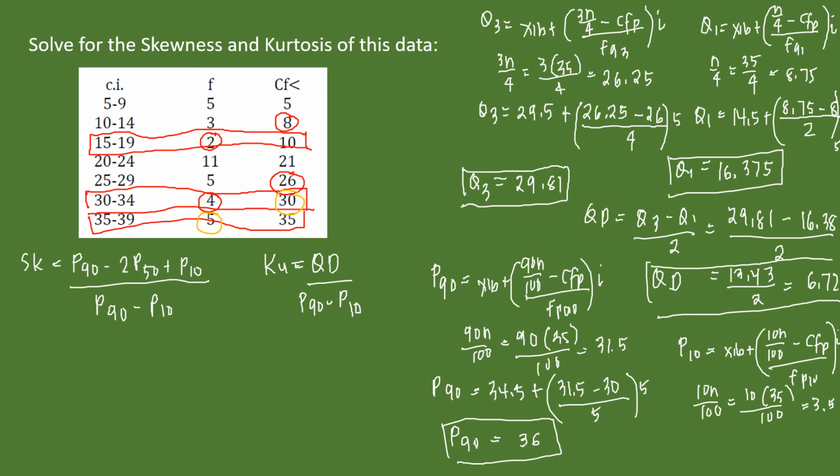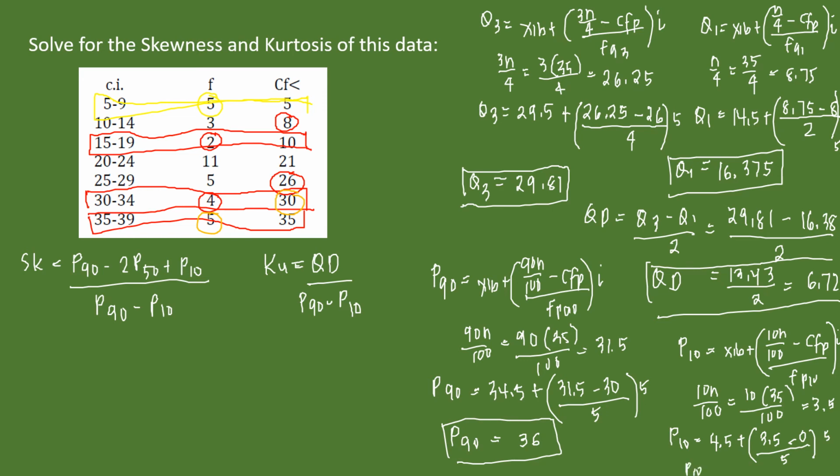And if we locate 3.5, we can see it here in 5. So there's no CFP here, so it's 0, and then the frequency is 5. So let's try that. So P10 is equal to 4.5 plus 3.5 minus 0 divided by 5 times 5.